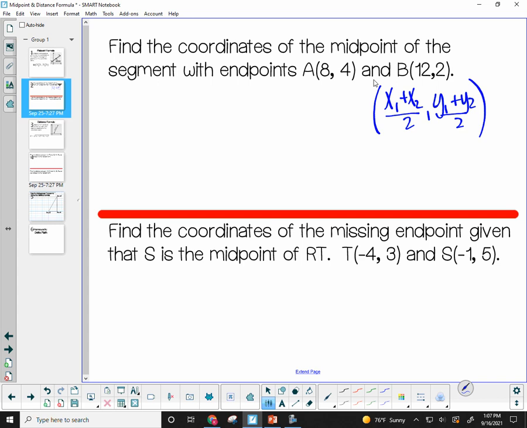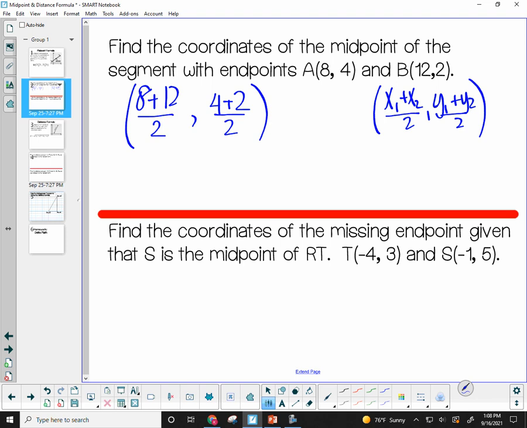After this first time, I won't do it, and you probably won't either. First one says x sub 1 plus x sub 2. So I need to add my x's together: 8 plus 12, and I need to divide it by 2. Then I'm going to do the same thing for my y's. So y sub 1 plus y sub 2, that's 4 plus 2, and I need to divide that by 2.